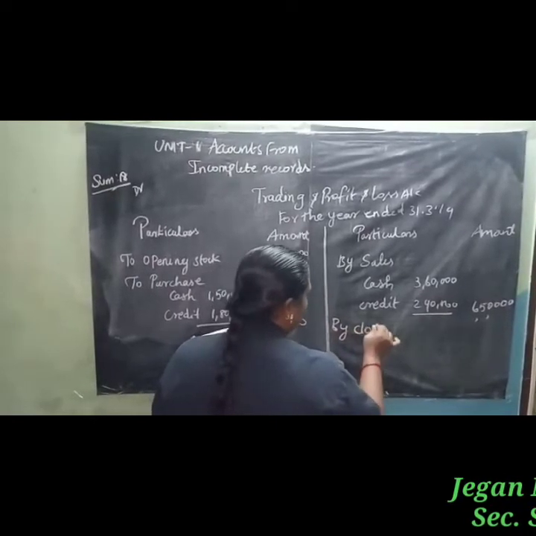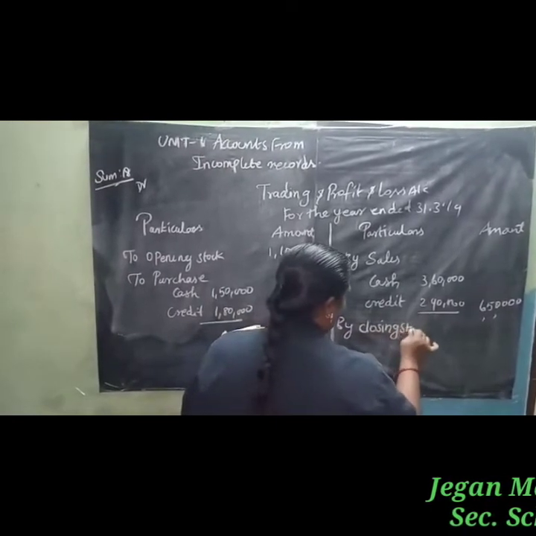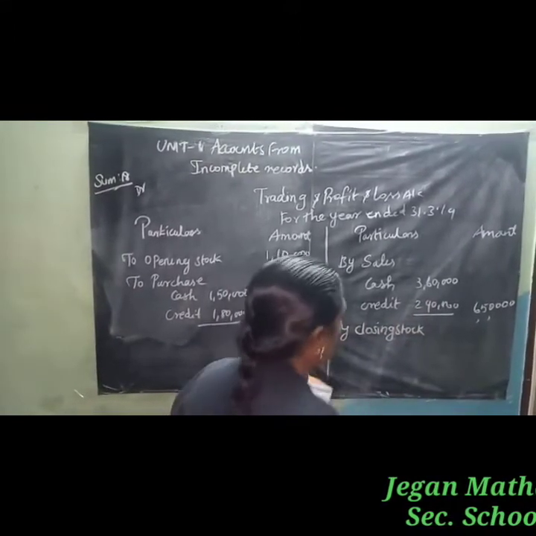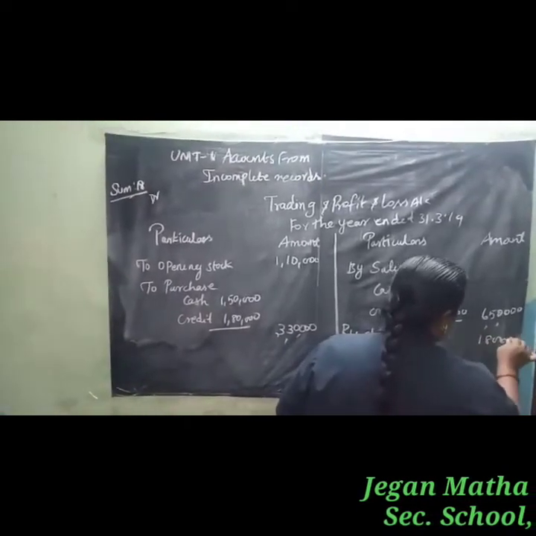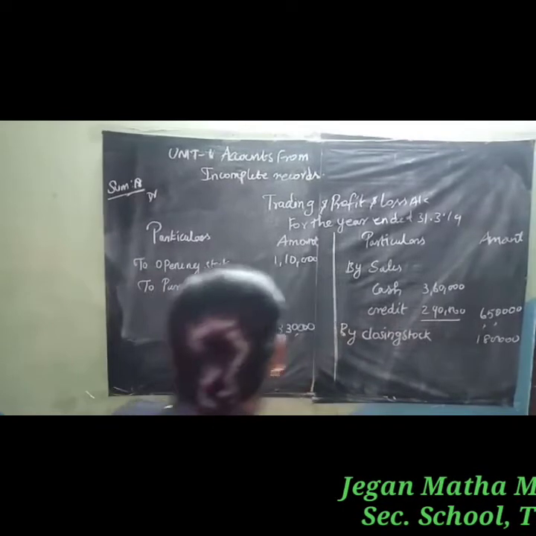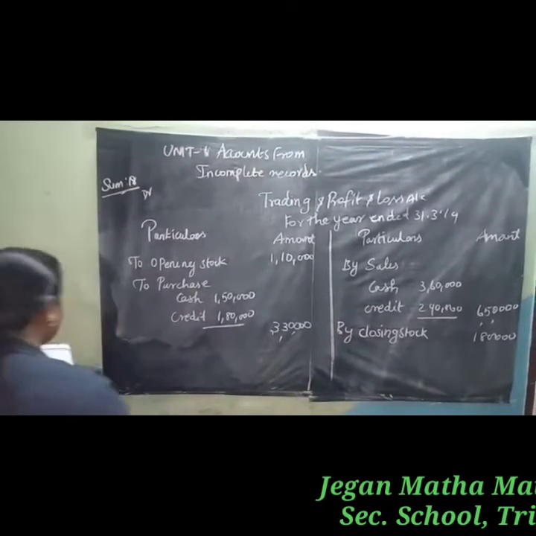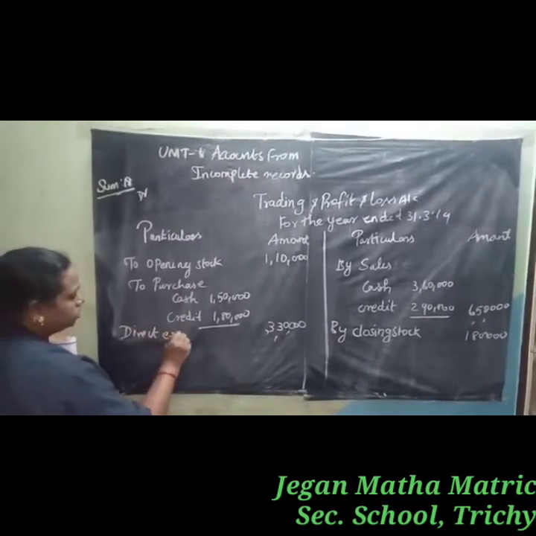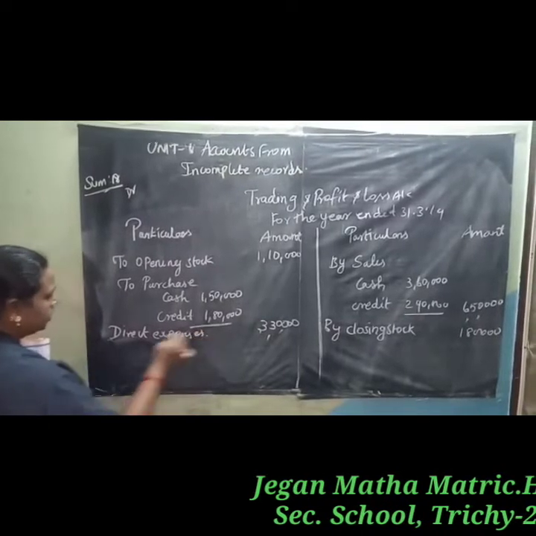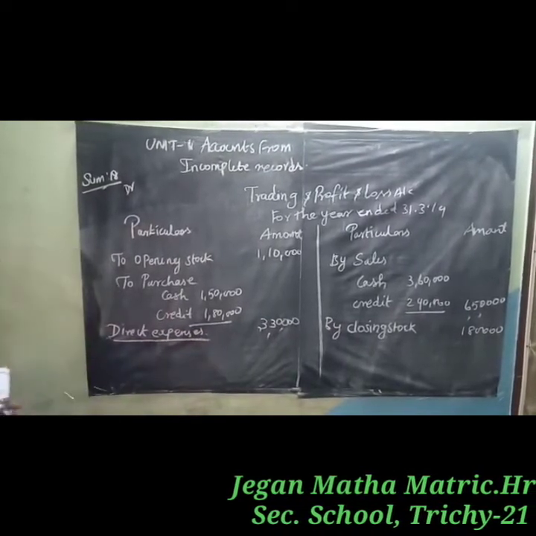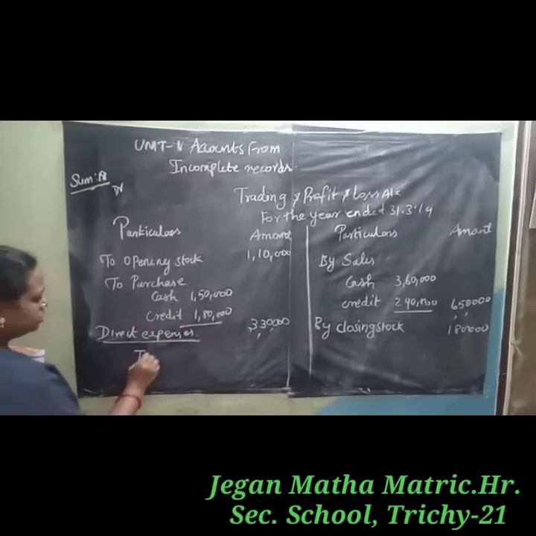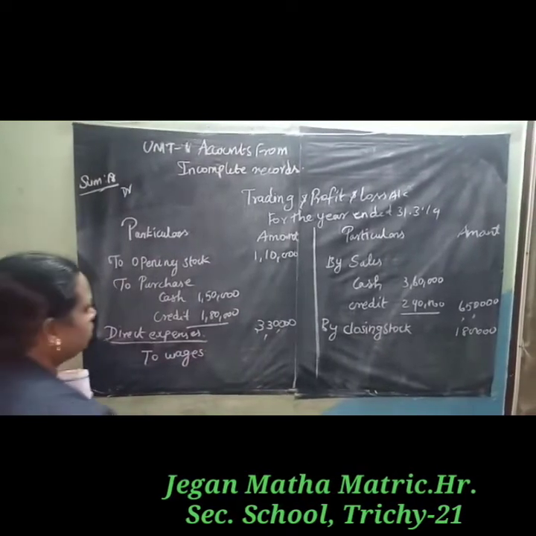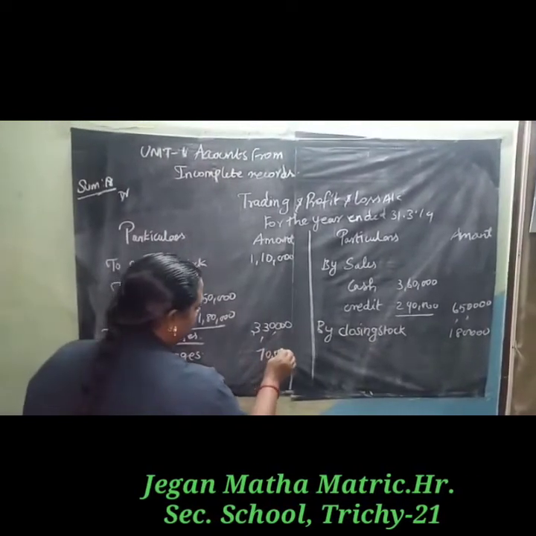Next we write by closing stock. The closing stock amount is given in the other information, 1,80,000. Come to the debit side. We have to write the direct expenses in the trading account. Direct expenses are all included in the trading account. Here there is only one direct expense, wages, given in the cash book, 70,000.